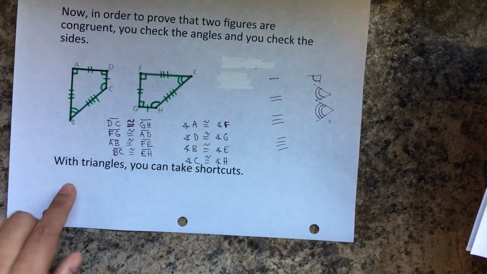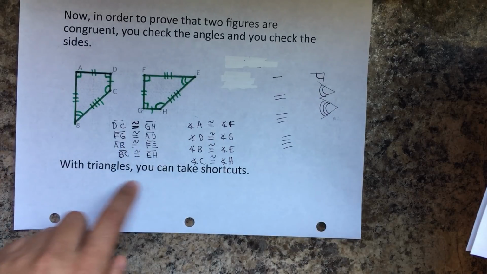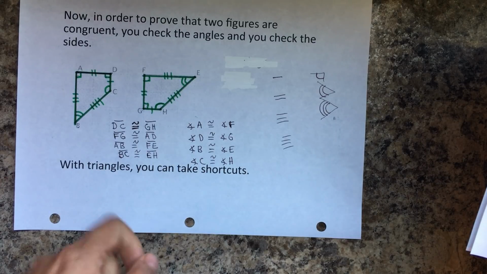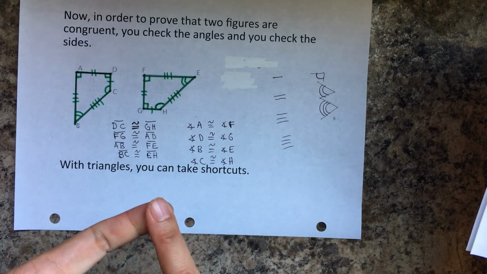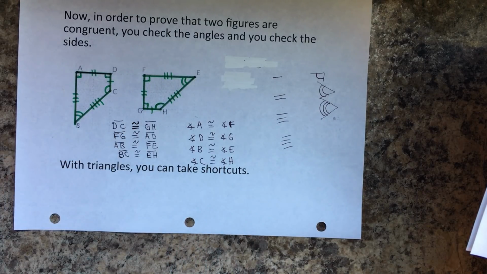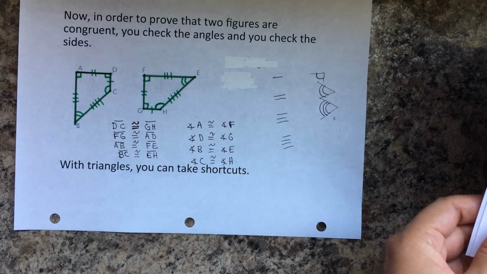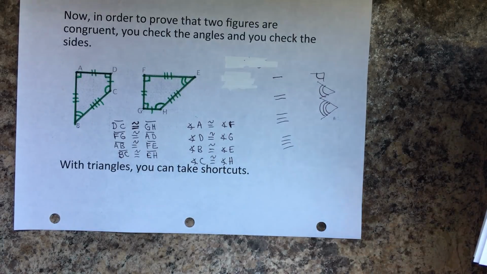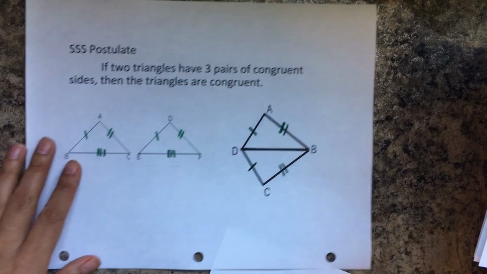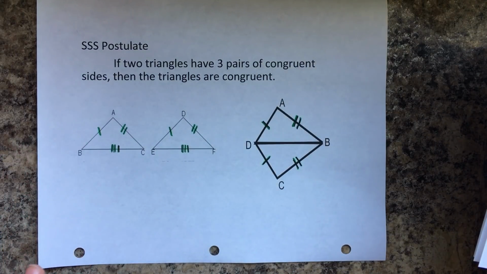Okay, so in triangles there are shortcuts that we need. Like in here, when there are other types of polygons, you have to have every single angle and every single side measured to know that they are congruent. But in triangles, you can just have three parts of them and then you'll figure out that they are congruent. And what does that mean?